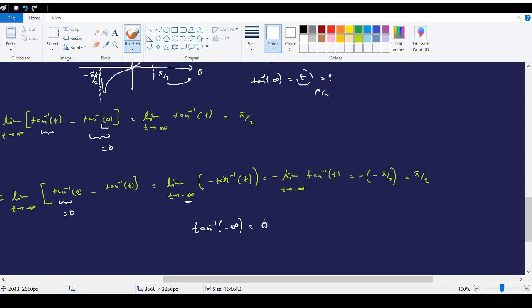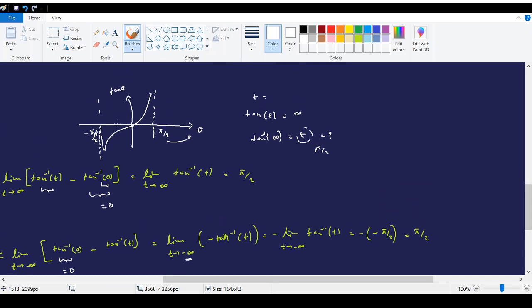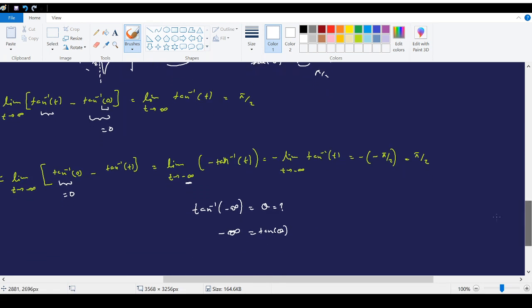This is basically finding something like this one. So what is the suitable theta value so that tan theta is equal to negative infinity? And by looking at this diagram, you can see when theta is equal to negative pi by 2, tan will go to negative infinity. So the answer for this one is negative pi by 2, but that comes with the negative sign in front.